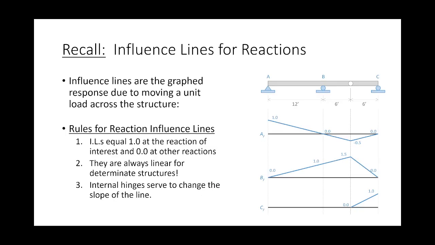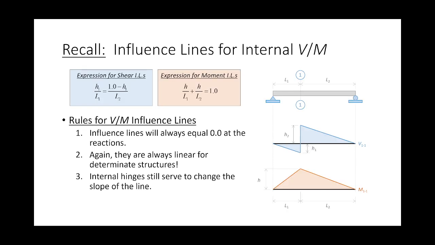I'm not going to spend too much time on the rules for constructing influence lines for reactions, shear, and moment. I just want everybody to be comfortable with them. Is everybody okay with that? Anybody have any questions?